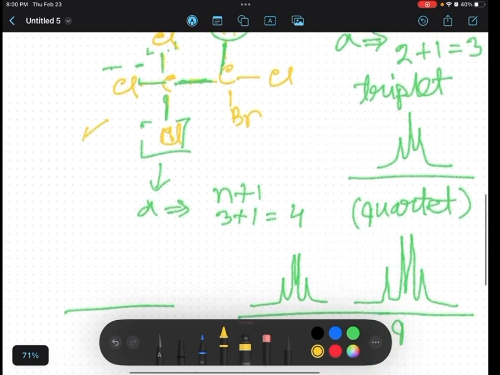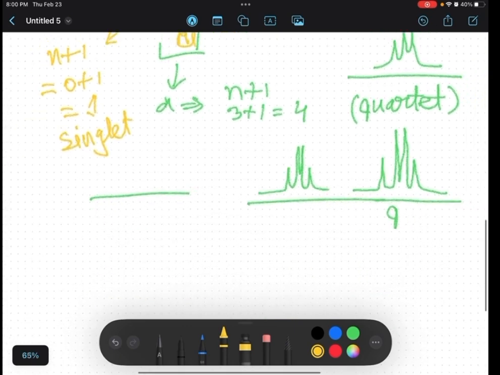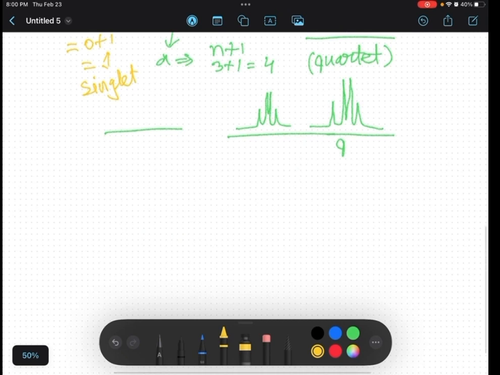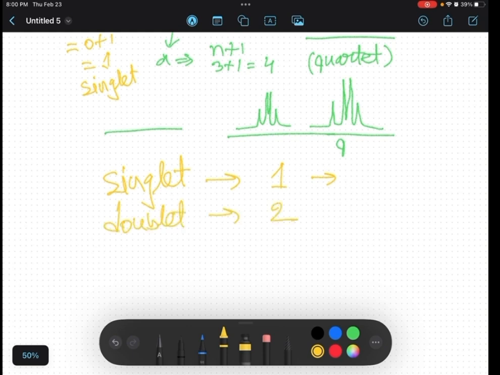In that case n is 0, plus 1, so 1. That 1 is called a singlet. So if it is a singlet, the multiplicity is 1. If it is a doublet, the multiplicity is 2. So a singlet is like this and a doublet is like this.